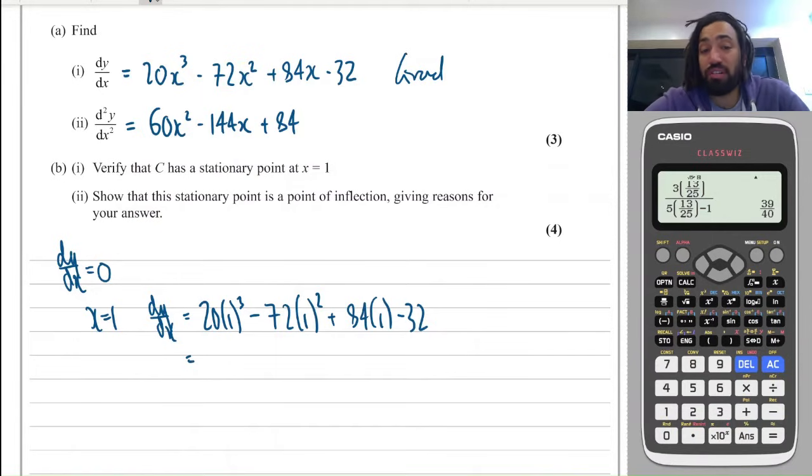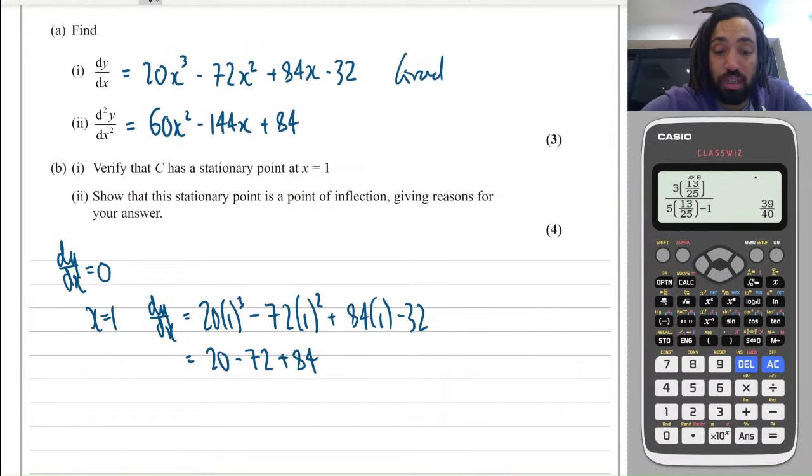Because it's asking me to verify, I'm going to evaluate each term so it's clear to the examiner what I'm doing. Because essentially it's a show that question. And I think now it's safe enough to say that that equals 0. Yeah, because you've got 104 and minus 104. So you say equals 0.